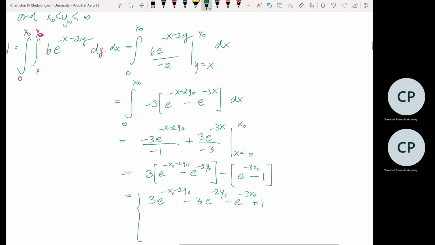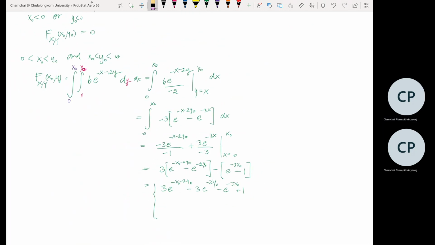Is that right? Did anyone get the same as me? Let me check: 3e to the negative x minus 2y, minus 3e to the negative 2y, and then minus e to the negative 3x plus y. Okay. All right.